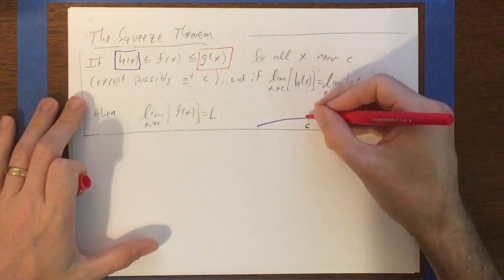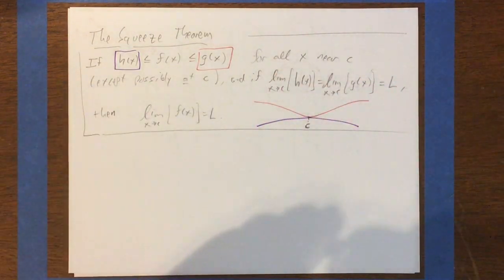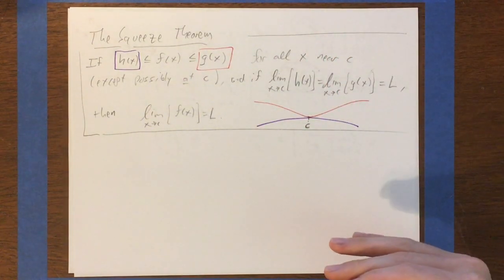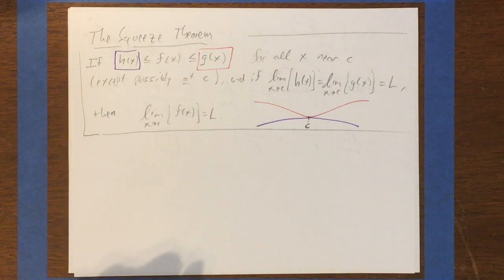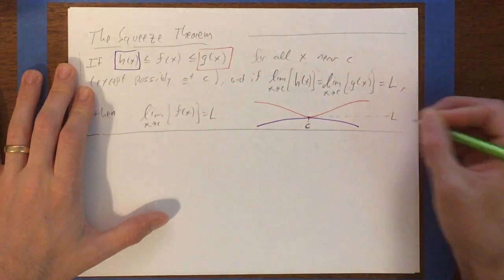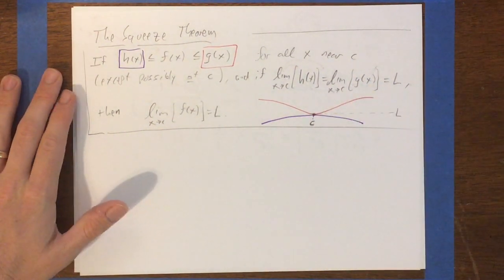If they have the same limit as x approaches c, then they should be doing something like that, right? We've got g of x up above and h of x down below, and they're kind of squeezing together at c here, right? So then L would be that height right there, that y coordinate of this point that we're approaching.